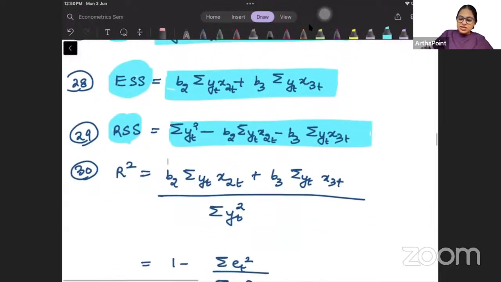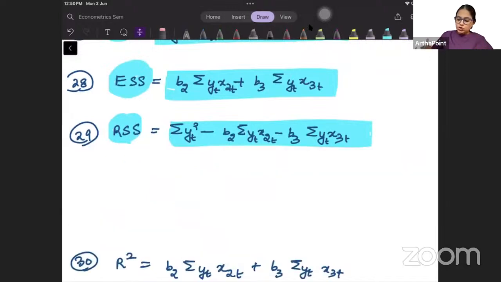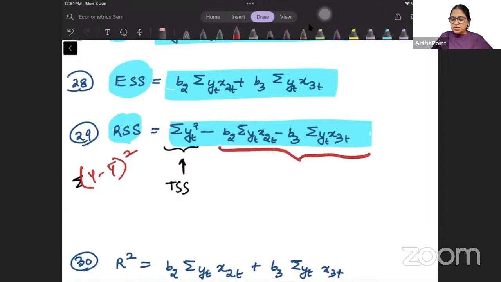तो बेटा this is very easy to remember. देखो ध्यान से देखने की कोशिश करो. This part is nothing but total sum of square. Total sum of square is the difference between y and mean value of y. And this part is nothing but explained sum of square.